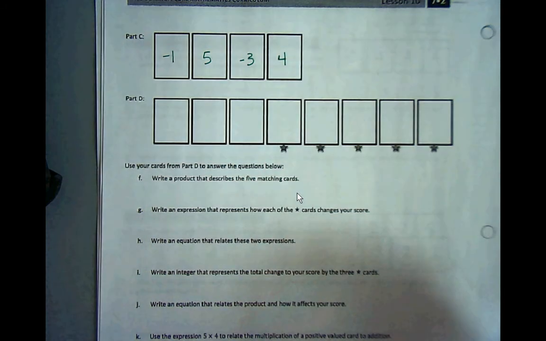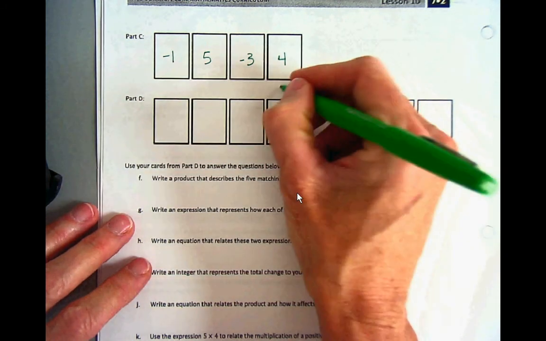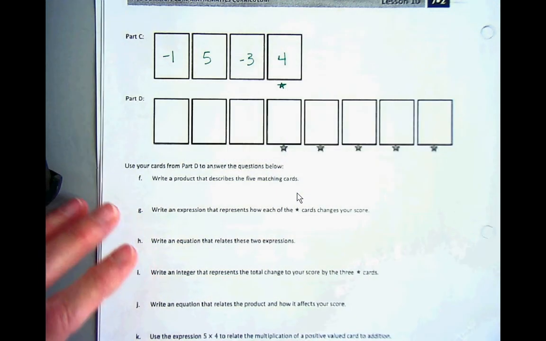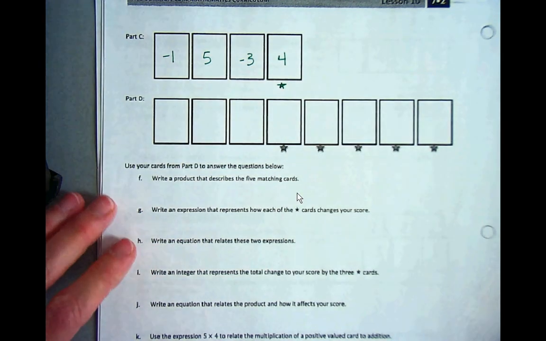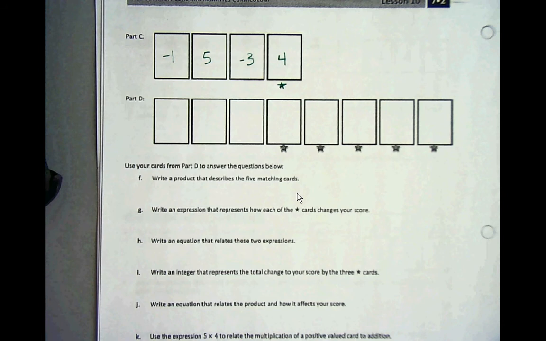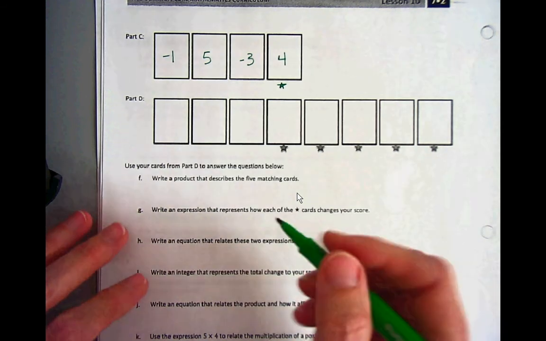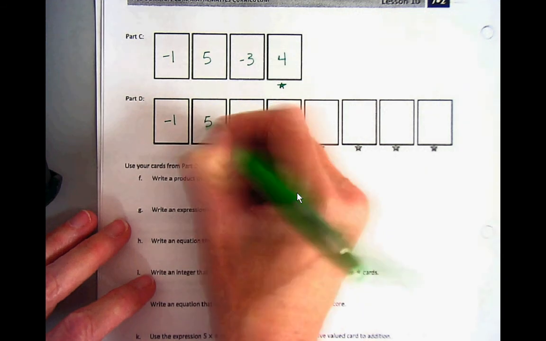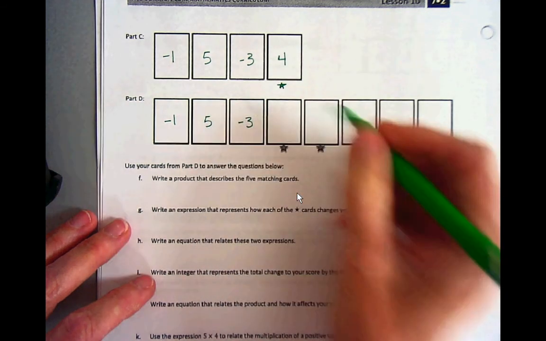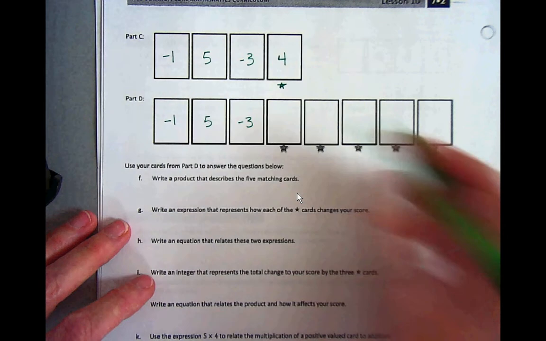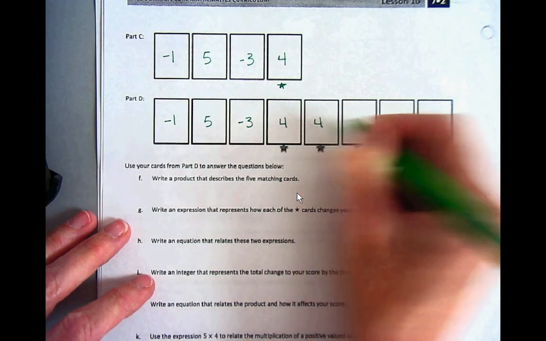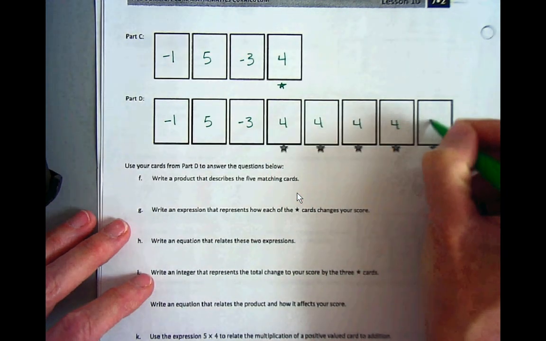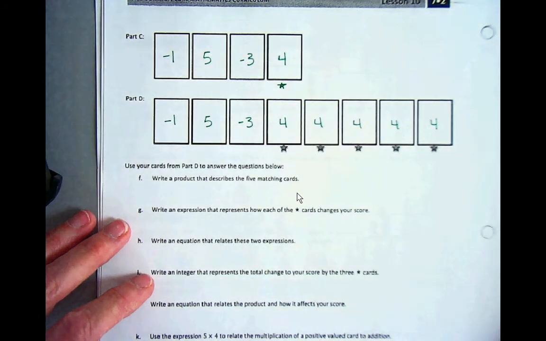I'm not sure why the star isn't there, but let's put a star underneath the 4. That indicates what we're going to repeat. For part D, we copy down our numbers, -1, 5, -3, and then the 4 gets copied 1, 2, 3, 4, 5. So we have 5 of these.